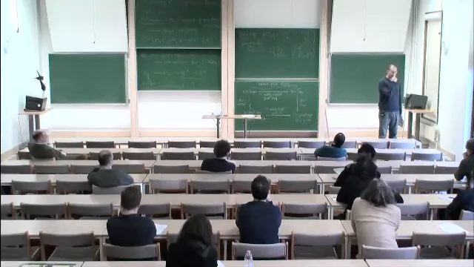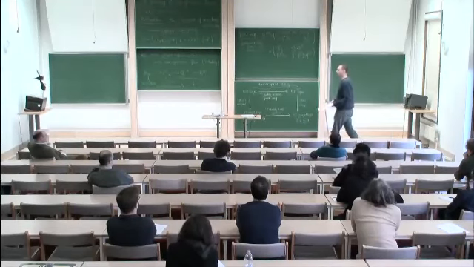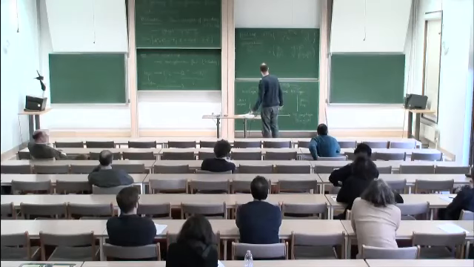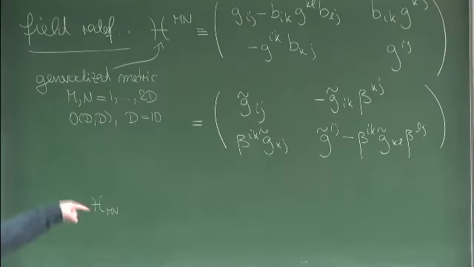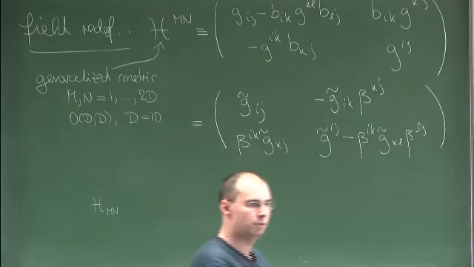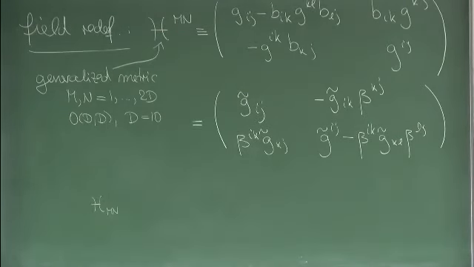Actually, I think it's not clear. So that's a good point. I haven't explained double field theory yet, but that's actually an issue in double field theory. So we have this H_MN, and we usually write it in terms of G and B. And now you can act with a T-duality transformation, and you could say, well, now I read off G and B, the new G and B after the T-duality transformation.